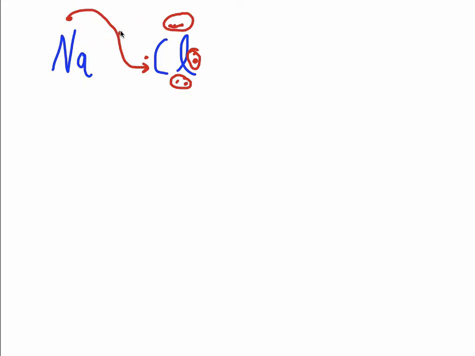And I would like you to label this transfer in your notes. Okay. Now, when that happens, everything's been fully satisfied. So what we now have is sodium with a 1 plus charge, and we have chlorine, who now owns all of the electrons. And here's how you're going to show that.